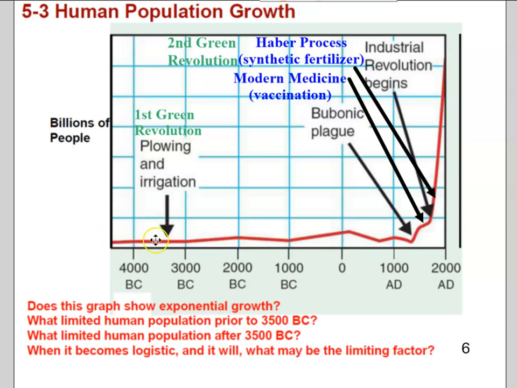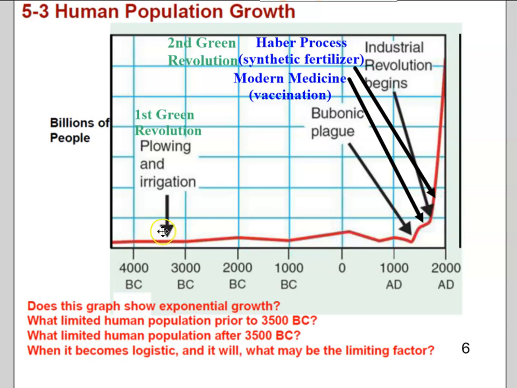Prior to that, what limited human population was the ability to find food. We were hunters and gatherers, and there may have been quite a bit of competition, what might even be considered warfare going on, and also disease. So lack of food, warfare, disease kept the human population low and pretty stable and steady before 3500 BC.